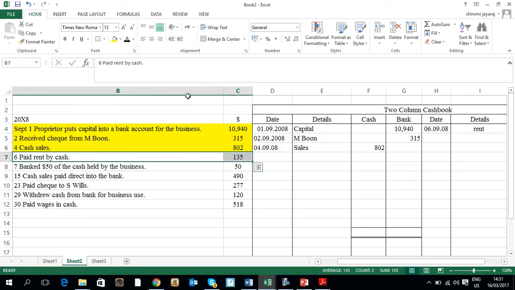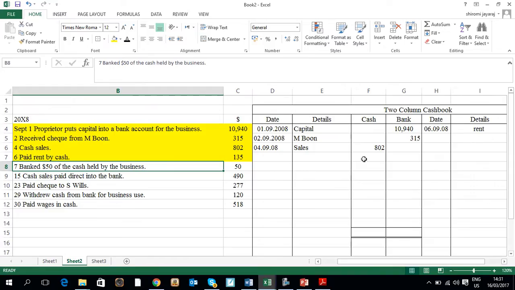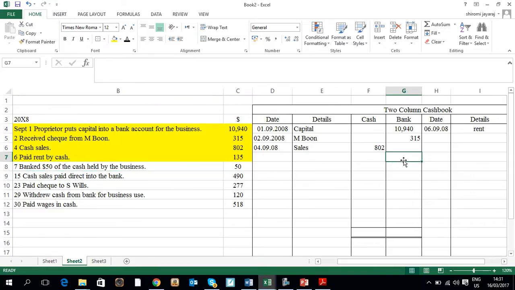We are done with this transaction. Let's move on to the next. Bank 50 of the cash held by the business. That is this one. Bank debit, cash credit. Bank debit worth of 50. Opposite account's name will be cash, and the date is on 7/8/09.